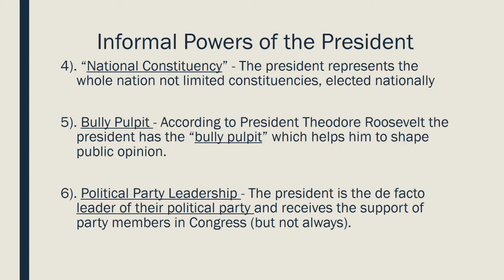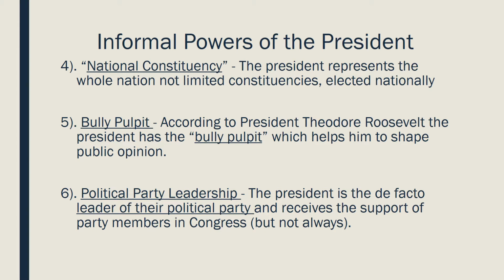Individual senators and individual members of the House of Representatives don't have that level of attention and thus don't have that level of influence in trying to shape public opinion on specific policies.